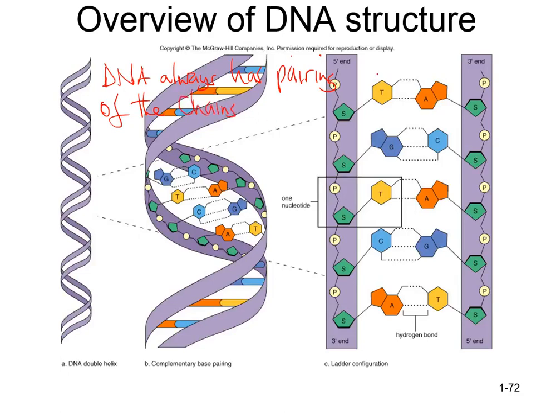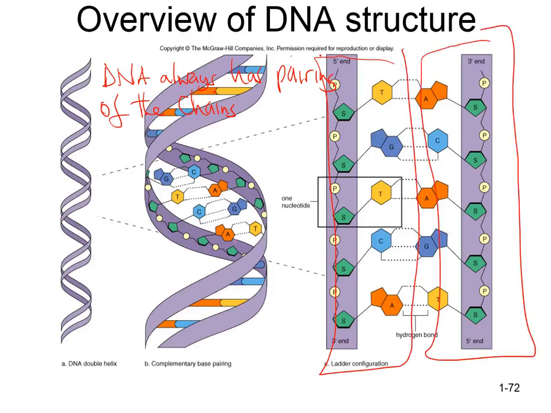You can see here there's one chain here and another chain. DNA comes in pairs. You can see here chain number 1, chain number 2. So DNA comes in chains, in pairs. That's different from RNA. RNA is not paired. Only DNA is paired.